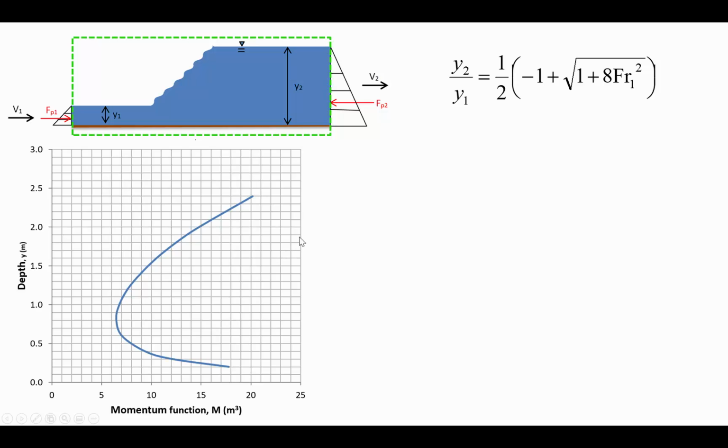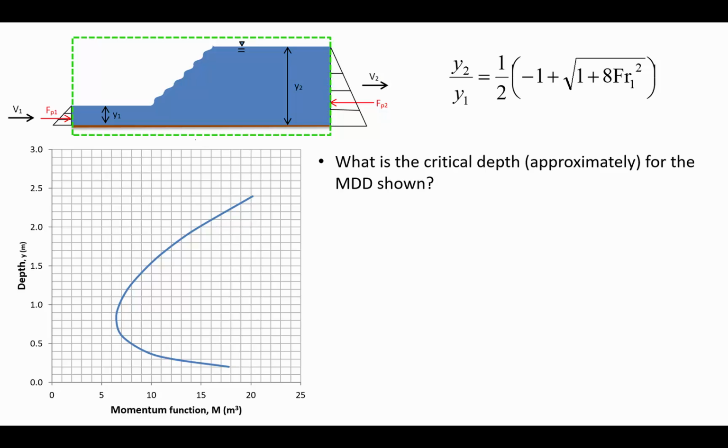Let's think about the momentum depth diagram. This is the momentum depth diagram, and we created an Excel spreadsheet and saw how to set one of these up. And if we have an initial depth of 0.6, by the way, critical depth is the minimum point, right?